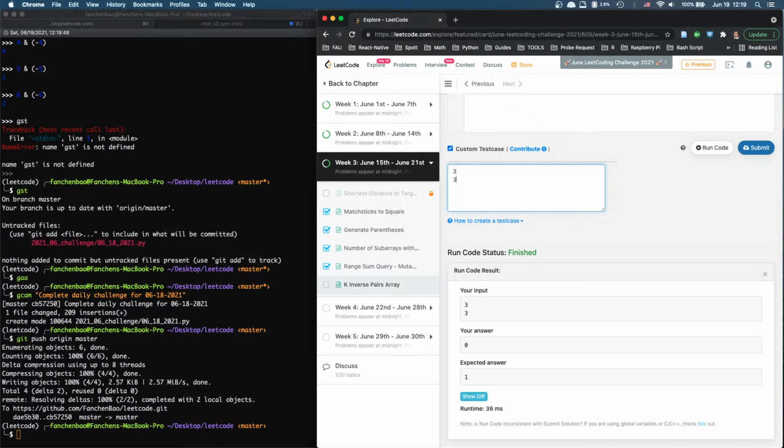Because it's going to be like 4 with a 2, right? 4 with 2 is going to be 4 at the end, so we're going to do 3 with 2 plus 3 with 1 plus 3 with 0. So 3 with 2, plus 3 with 1, plus 3 with 0. That's actually going to be 5.